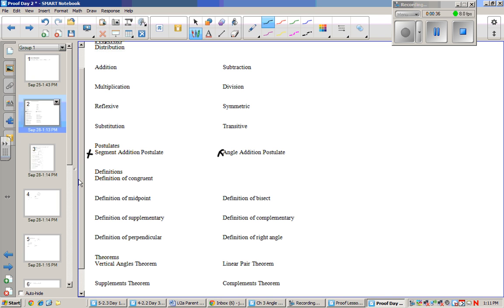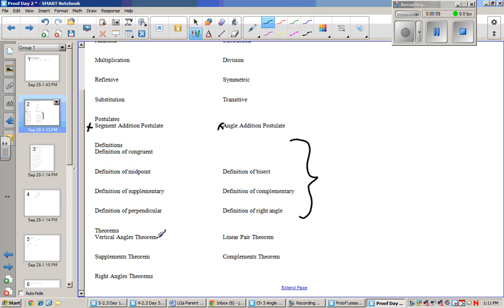If we need to put a longer segment in or reference a bigger angle, usually that's a way we can get the bigger angle in. The definitions, we're actually going to do some problems talking about what we can get by the definition of each of these right after this.